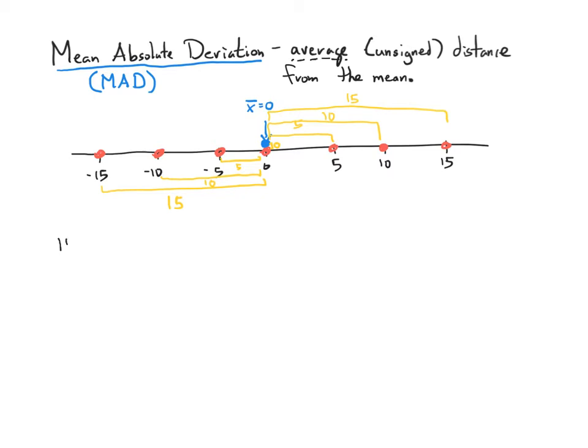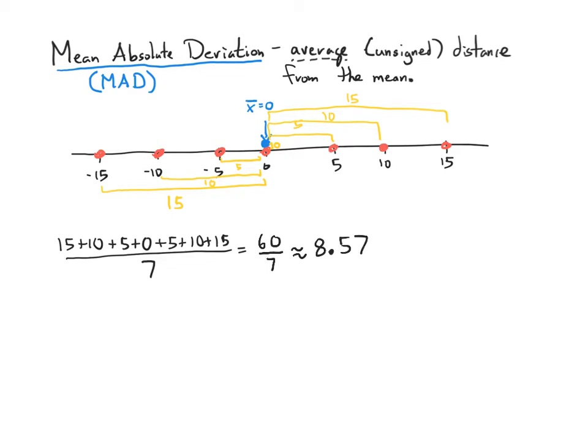So it's going to be 15 plus 10 plus 5 plus 0 plus 5 plus 10 plus 15, all over 7. If we add those together, that's going to be 30, 40, 50, 60 over 7, which is roughly 8.57, rounded to the nearest hundredth.